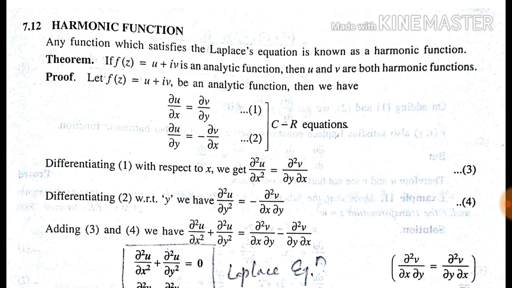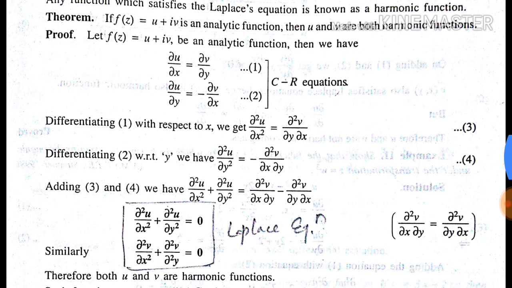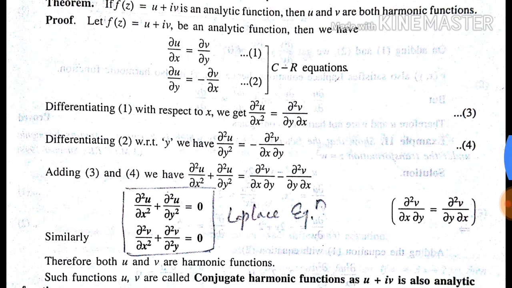For this the theorem is given: if f(z) = u + iv is an analytic function, then u and v are both harmonic functions. Here the proof is given. f(z) = u + iv is an analytic function. Then we have del u by del x is equal to del v by del y, and del u by del y is equal to minus of del v by del x.